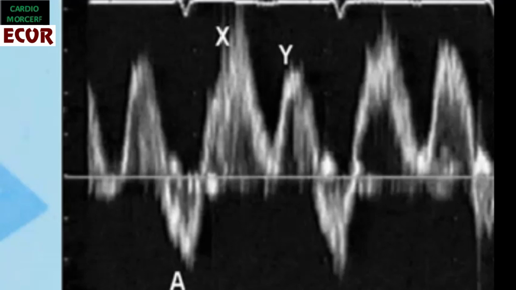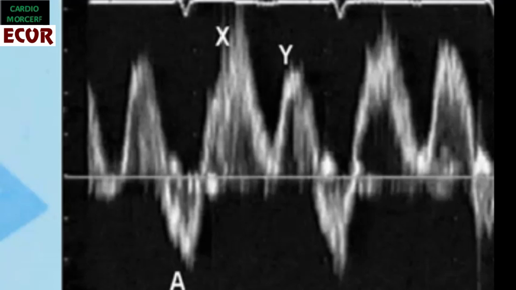During diastole, we see the Y wave that is related to the moment of conduction, when blood goes straight from the pulmonary vein to the left atrium and to the left ventricle during diastole. It's related to the left ventricular compliance.